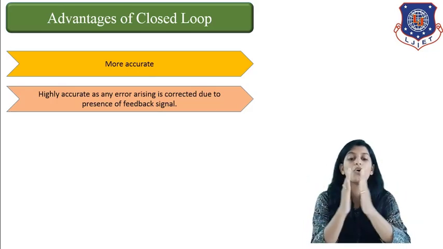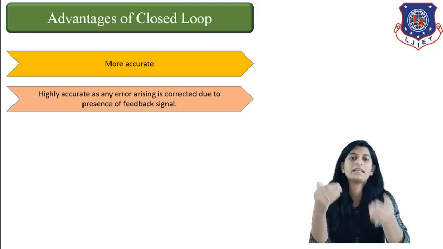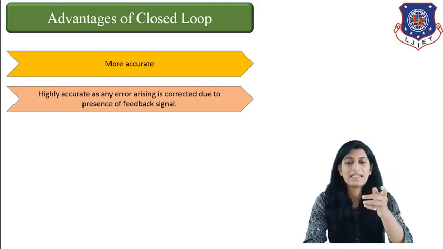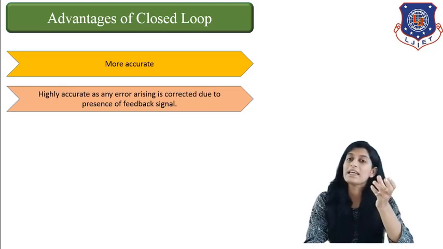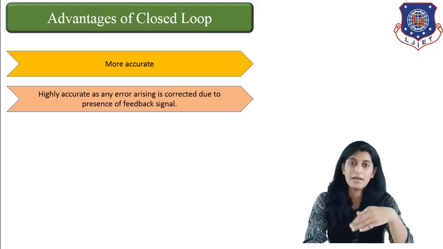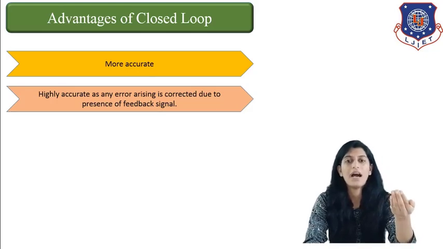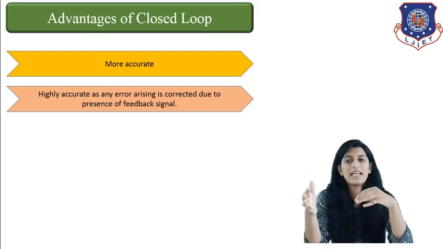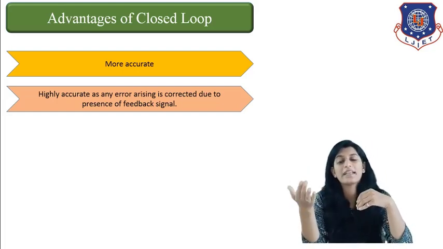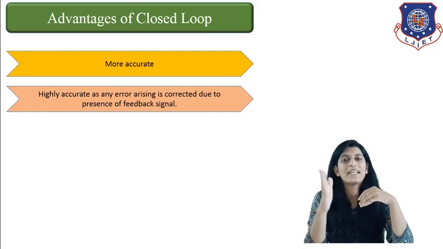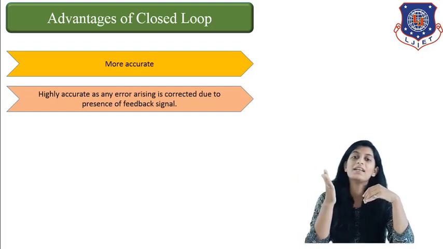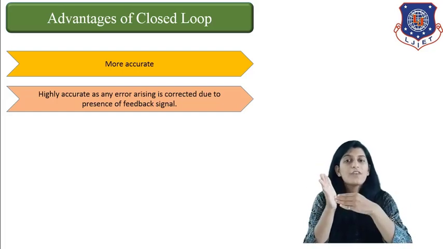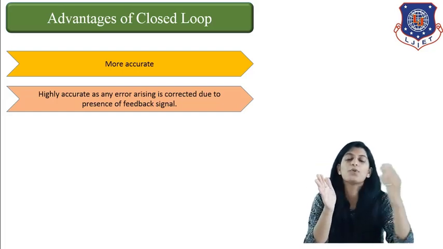When we compare both these values, we get a feedback or an error, right? And using that error, we can easily correct our system from any kind of undesired output. For example, if you have set the AC at 24 degrees centigrade, then 24 degrees centigrade is your desired input which you are giving it. You want 24 degrees centigrade as output from your AC.